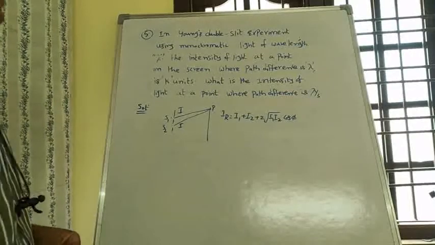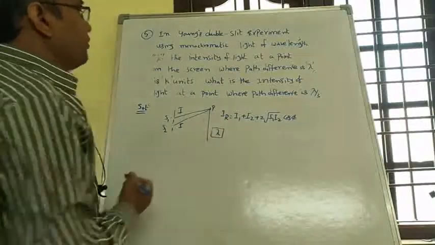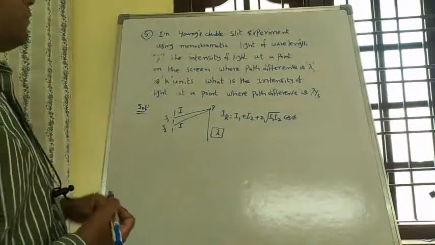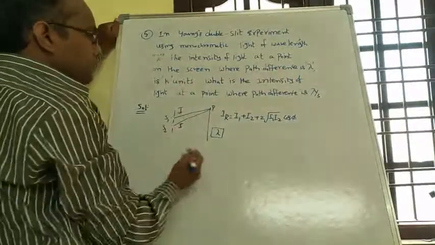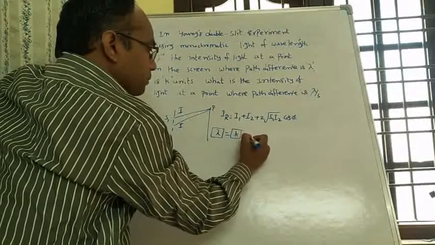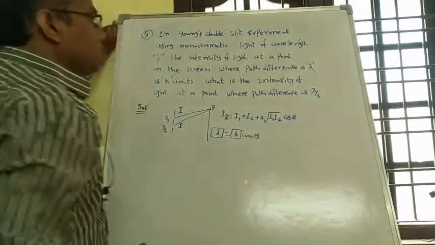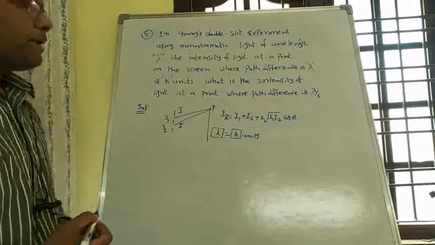Okay. So here intensity of wavelength they have given as wavelength lambda. The intensity of light at a point on the screen where path difference is lambda is k units. Okay, what is the intensity of light at a path difference of lambda by 3?